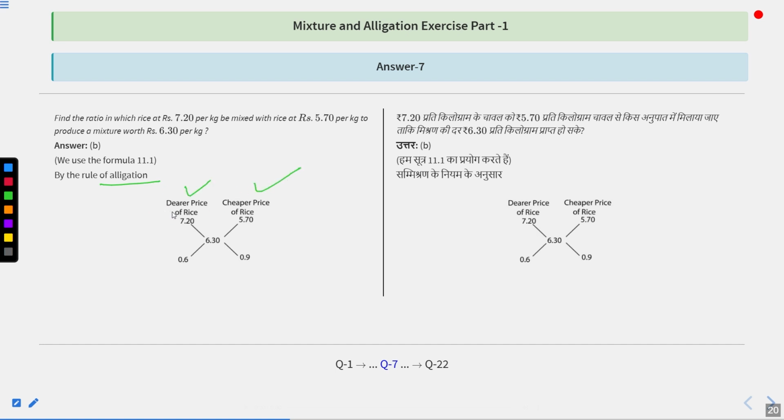Dearer means costlier: costlier rice is 7.20 rupees per kg, cheaper rice is 5.70 rupees per kg, and their mean is 6.30 rupees. So what will the ratio be? 6.30 is the average, so it is more than the cheaper and less than the dearer. The ratio becomes 0.6 to 0.9. When we convert into integer form, it becomes 2:3. So B is the correct answer. Next one.